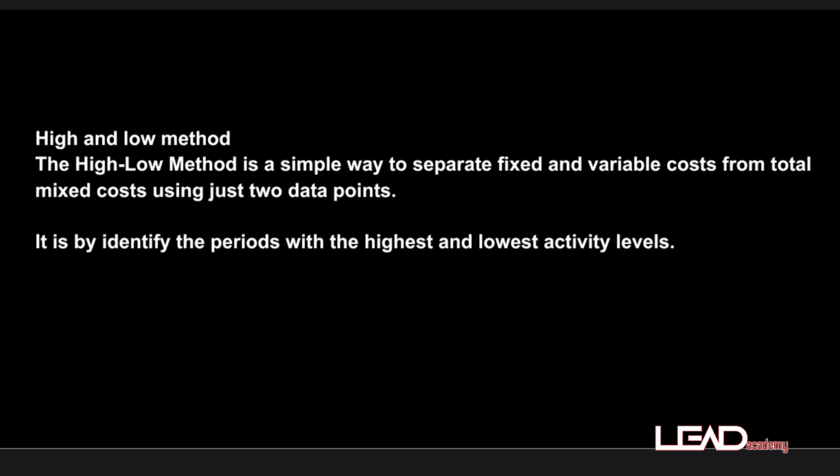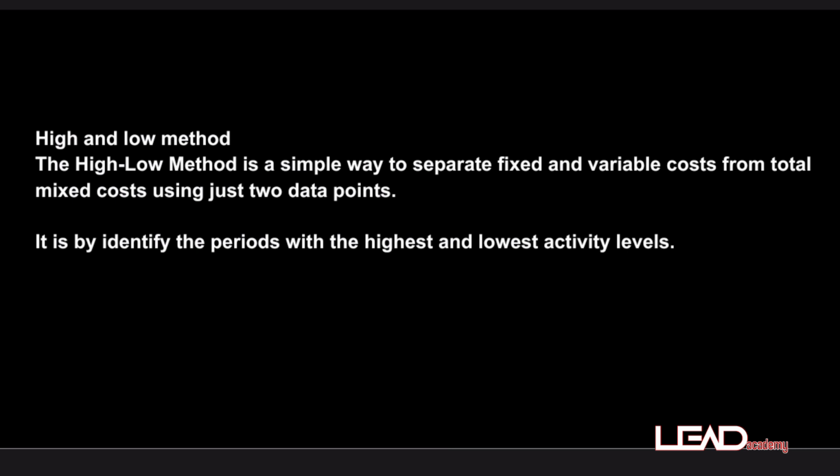The high and low method is a simple way to separate fixed and variable cost from total cost using just two data points. These two data points are the highest data point and the lowest data point.